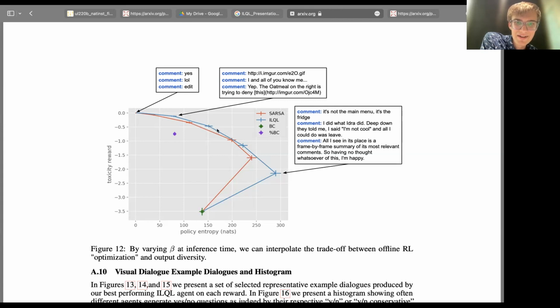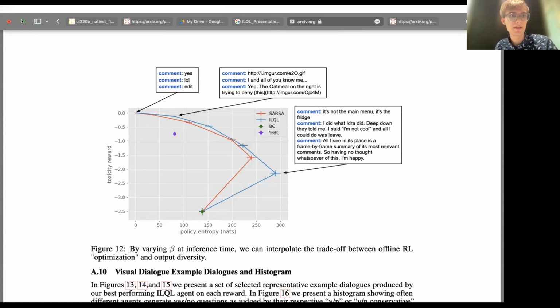But there are still a lot of intermediate points where it's more diverse than filtered fine tuning and also more optimal, like right here. So you can interpolate between these two and have your pick. Interesting, so it's like this Pareto frontier of safety and diversity. Yeah, exactly.